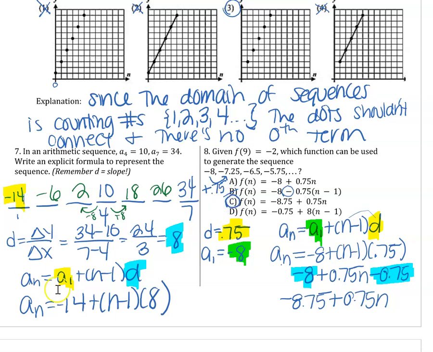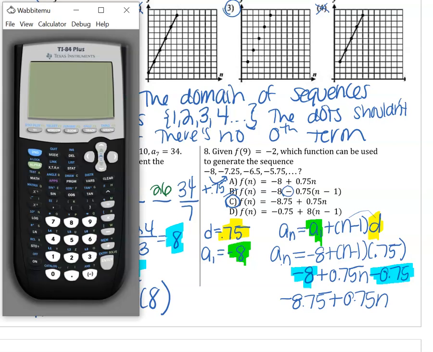Now, another thing we can do, and I mentioned this before, let's type that in our calculator and let's see if that actually makes sense. All right, so if I go to y equals, let's actually type in the one I chose, -8.75 plus 0.75x instead of n. All right, that looks good. Let's go to my table.